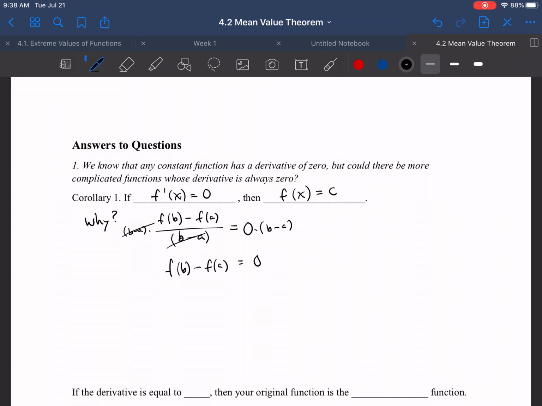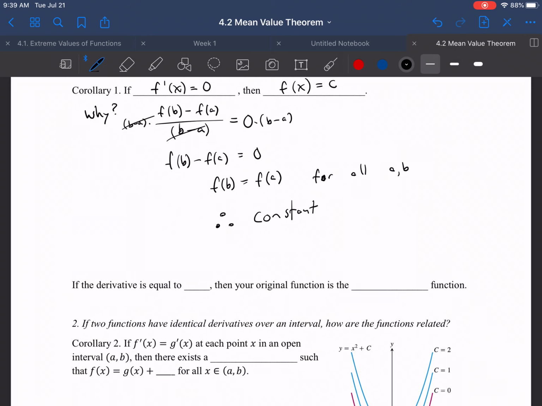And if that's the case, then f of b equals f of a, which means, so for any points we pick, this is true for all a and b. And therefore, if they're always equal to each other, no matter what 2 points you pick, this means it's a constant. All right, so we can't have anything else that is like that.